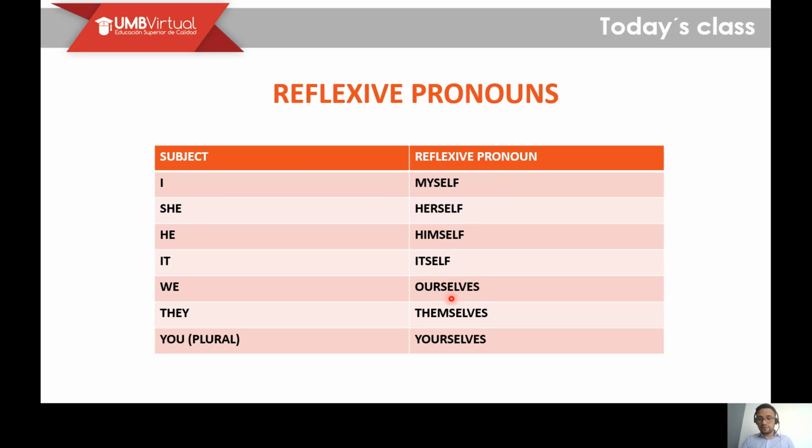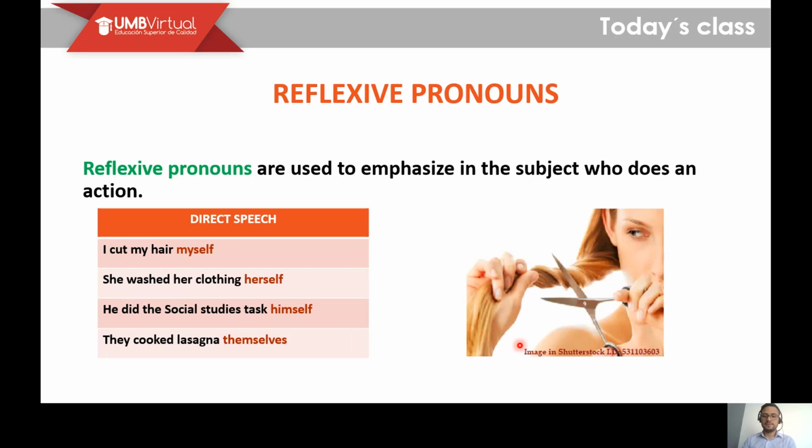Look at here, when you have the plural form, we change the F for VES. Yourself también existe en singular, yourself, only with F in here, and in plural is selves.